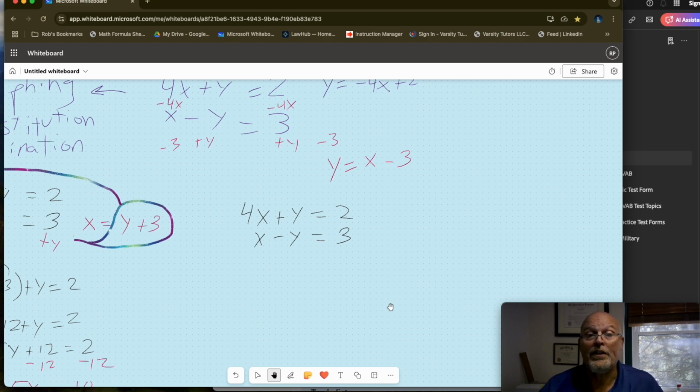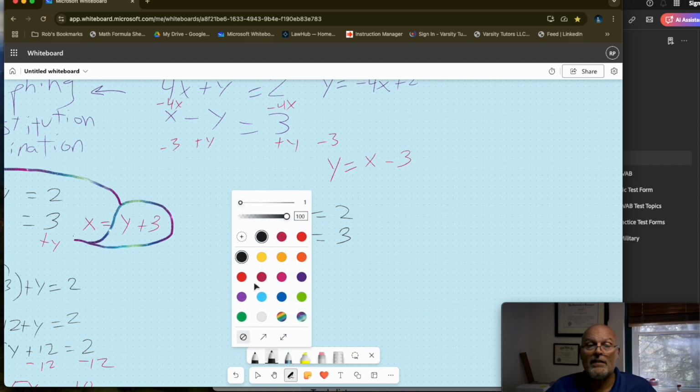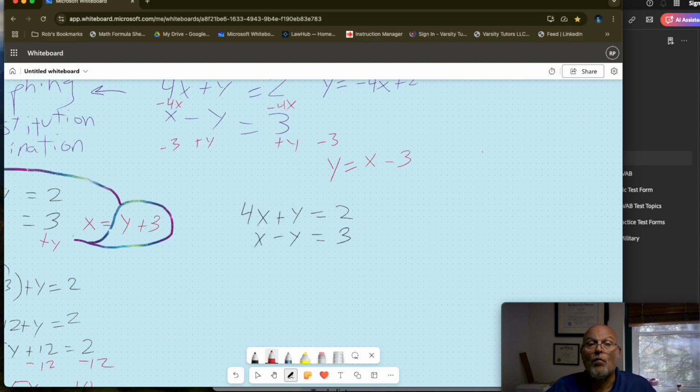So what we do in elimination is we add or subtract entire equations from one another to get the same thing we got from substitution: one of the variables to disappear. So in this case, I'm going to notice that the y's have a plus y in the first and a minus y in the second.